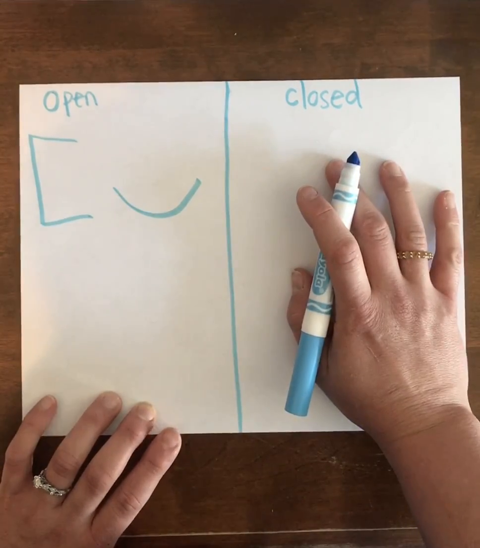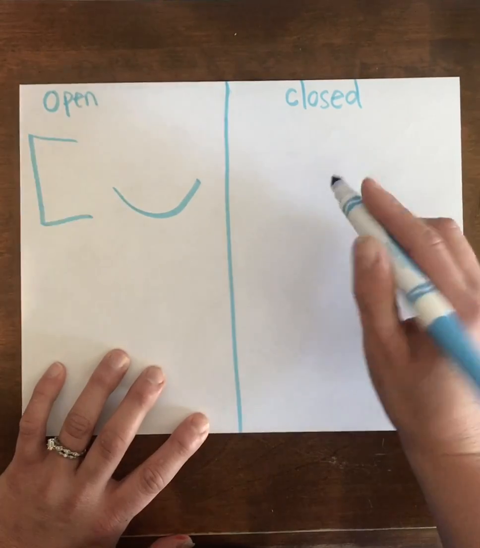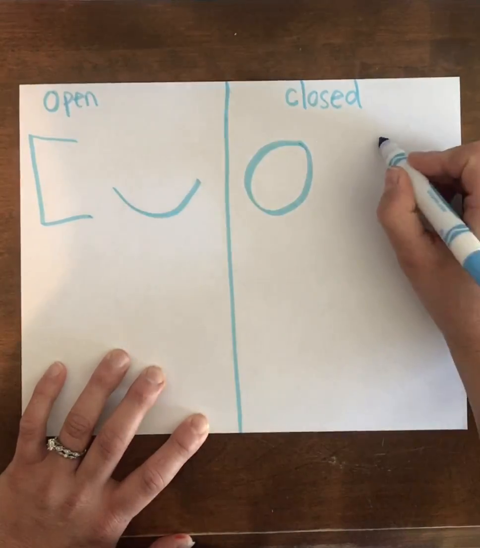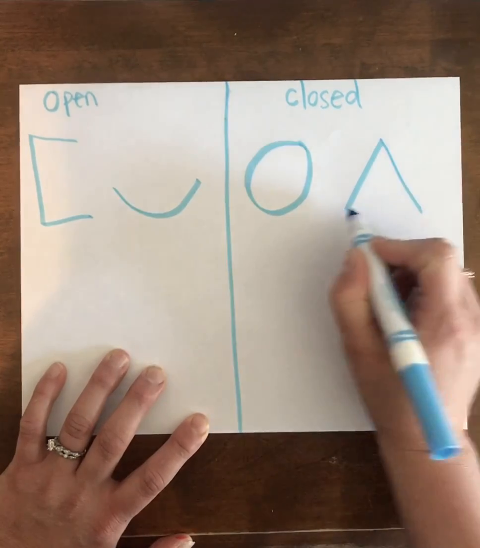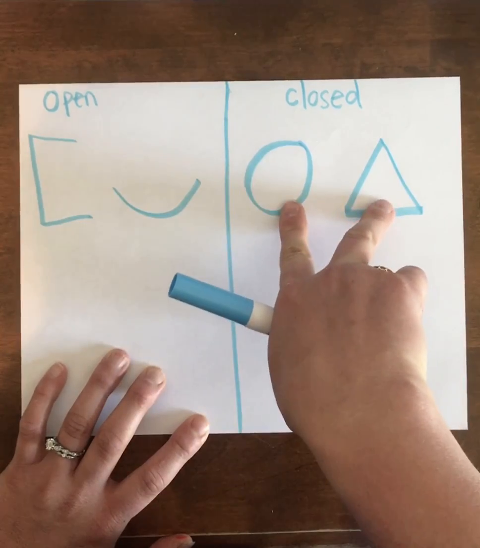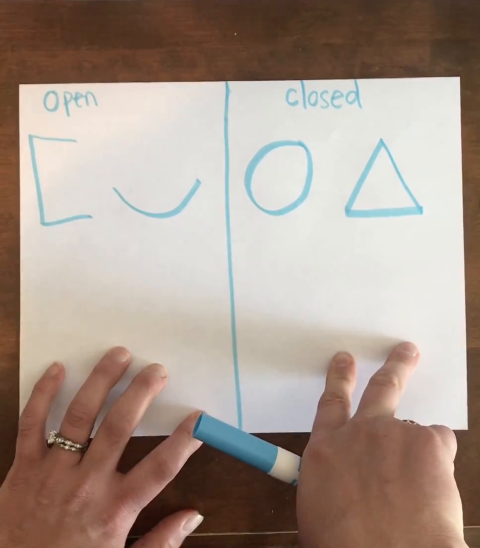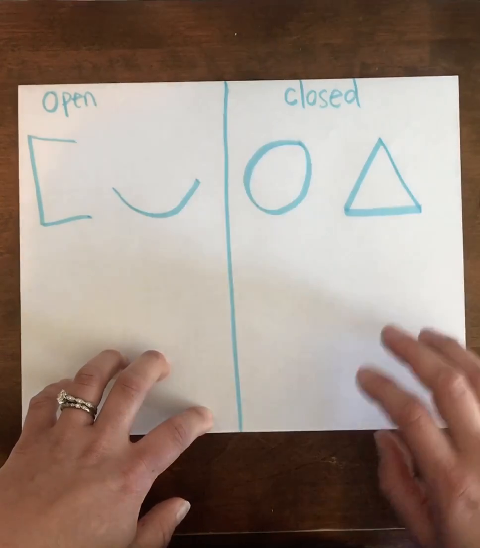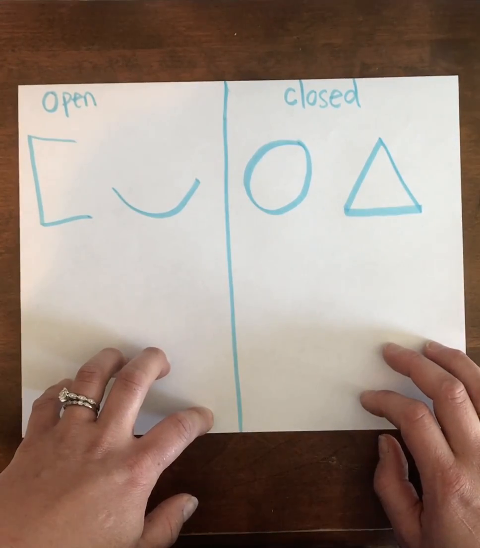On this side, we're going to draw closed figures, where all the sides connect. You can draw these 2 figures and 2 more figures. I hope this video helped you understand the difference between open and closed figures.